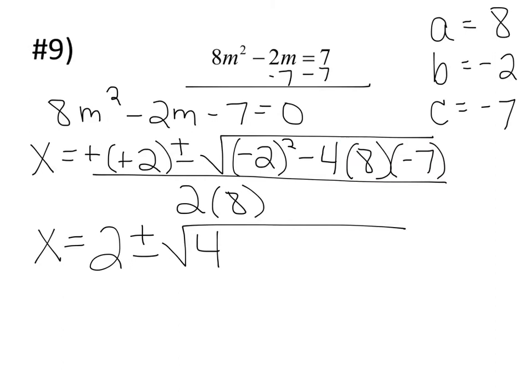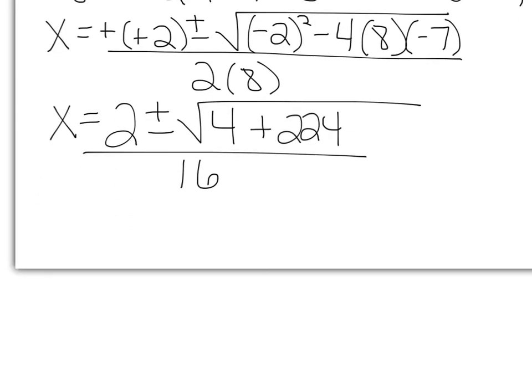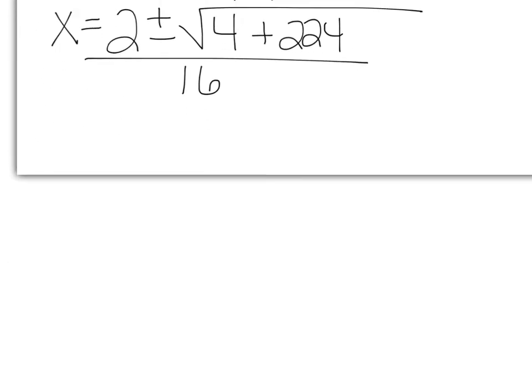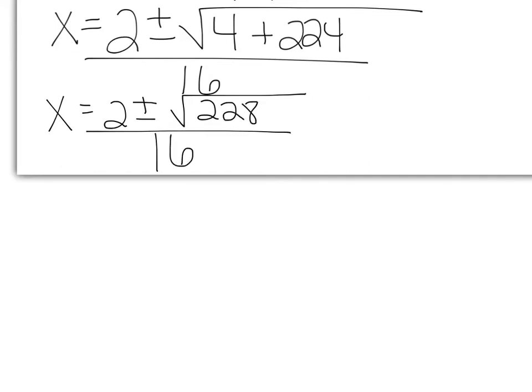All over 2 times 8 is 16. Okay. So then we have x is equal to 2 plus or minus the square root of 224 plus 4, which is 228, all over 16.